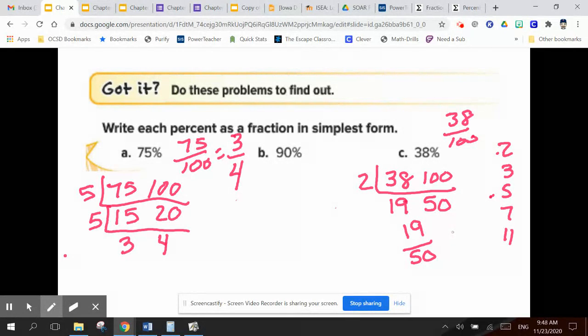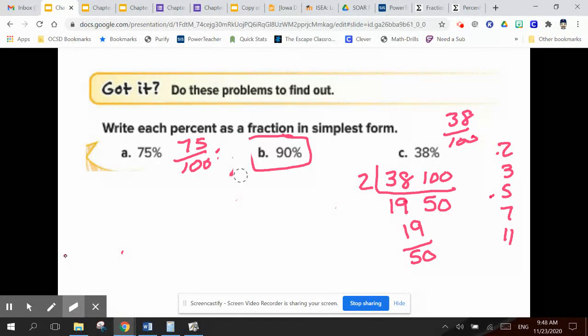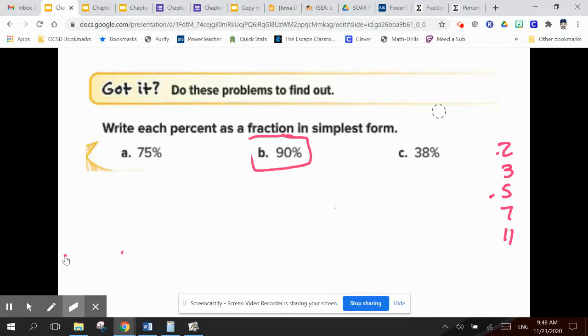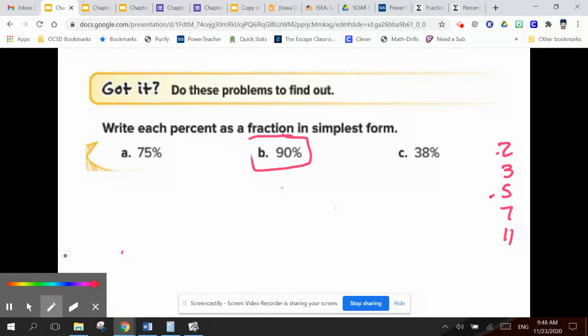I want you to pause this video and try letter B. Letter B is 90%, so as a fraction that would be 90 over 100.